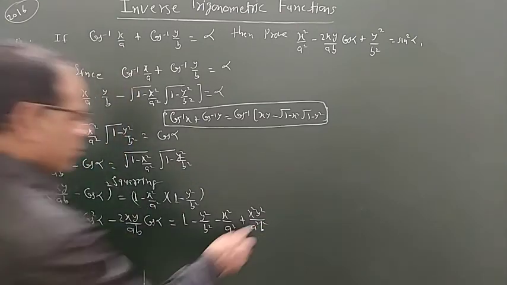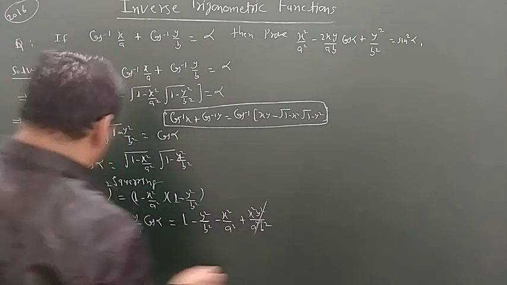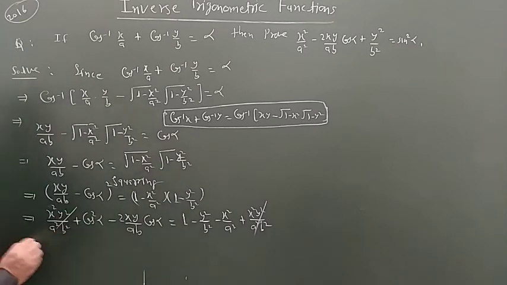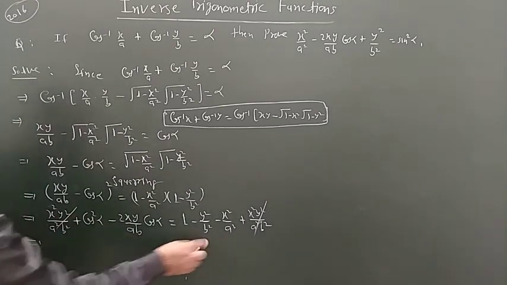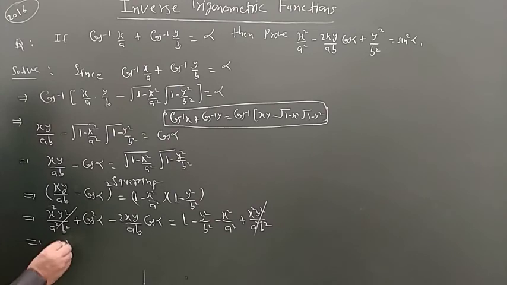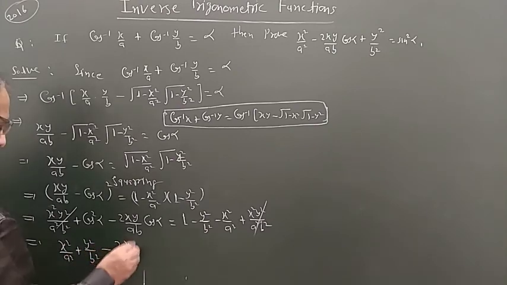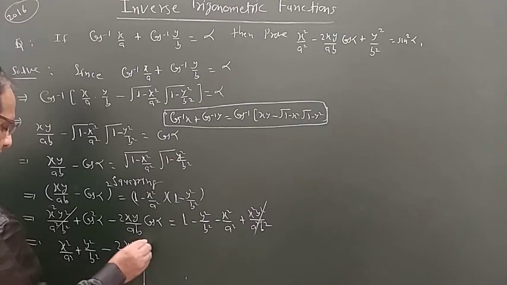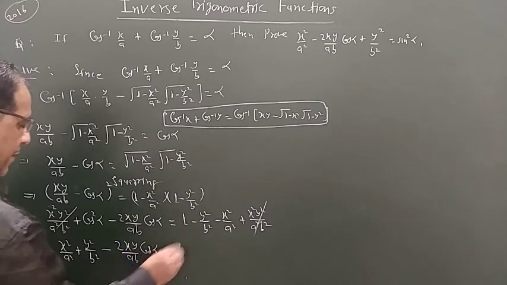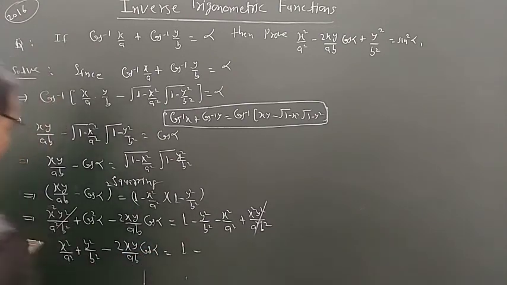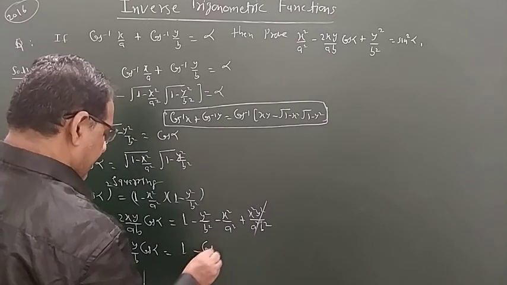Open the brackets here. So this value is cancelled out by this value. Transfer the terms to the left hand side: x square upon a square plus y square upon b square minus 2xy upon ab cos alpha equal to 1 minus cos square alpha.